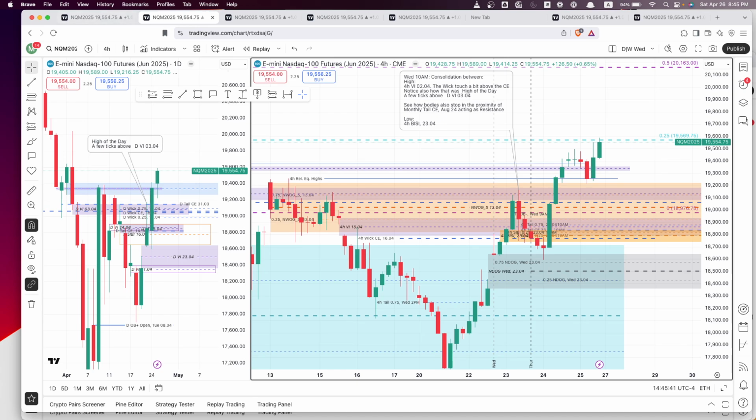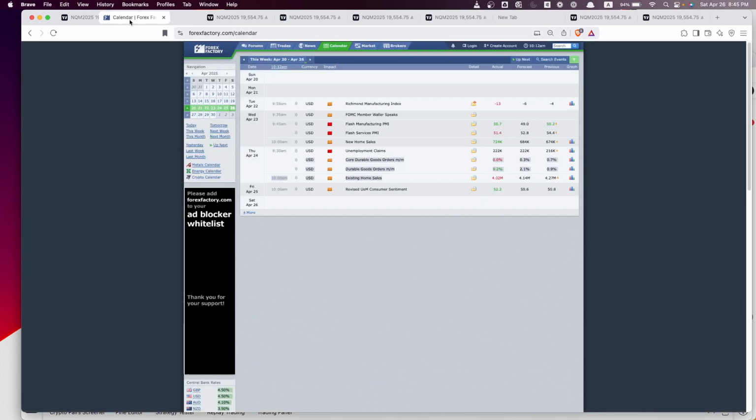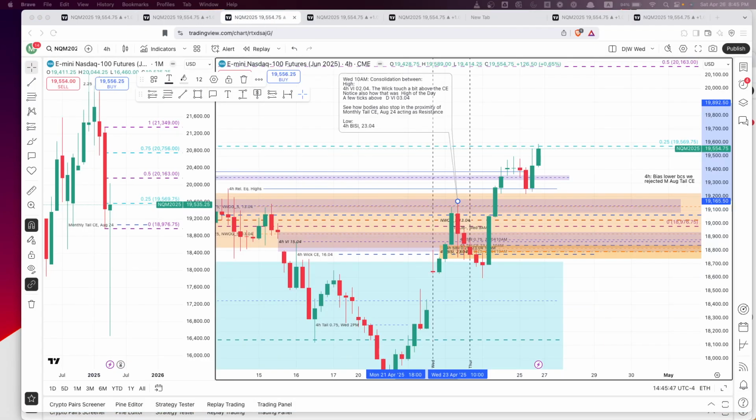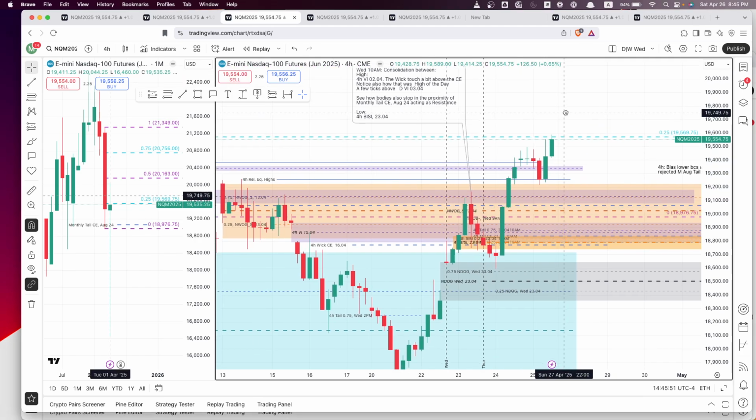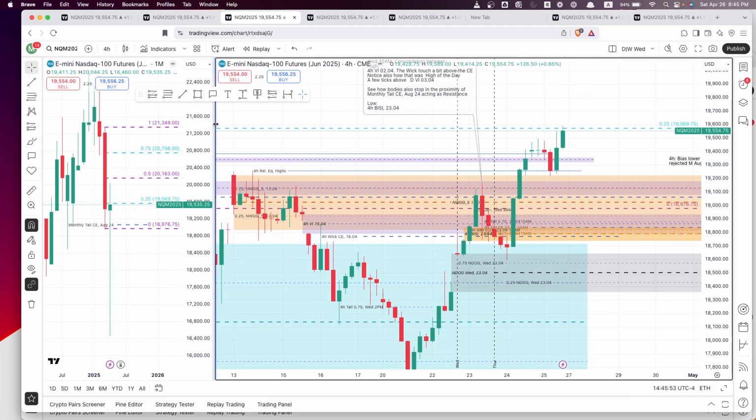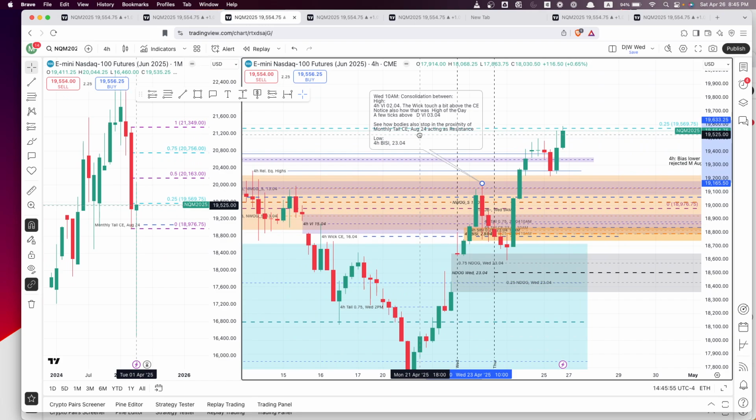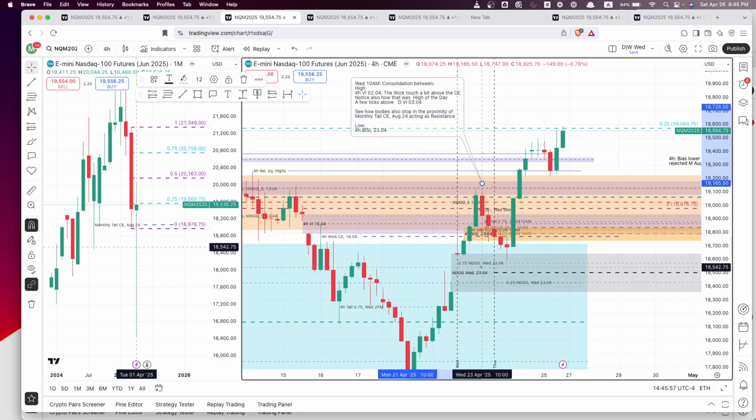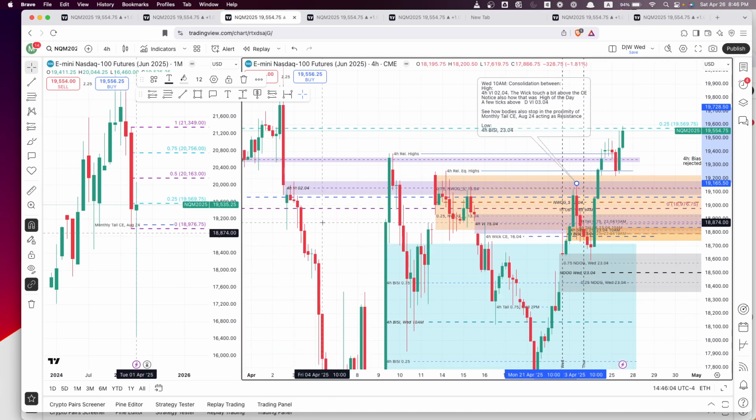And it's also the day before the important news of the week, so there can be traps in that day. And then if we look on the 4-hour, we see how Wednesday pretty much consolidated between this volume imbalance from second of 4.